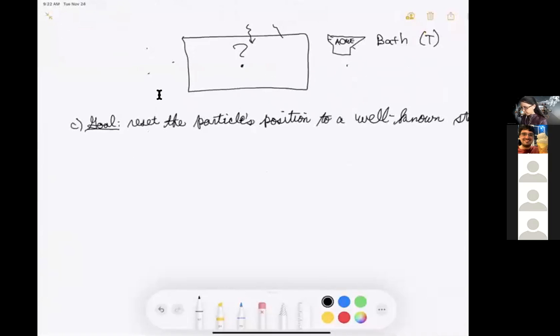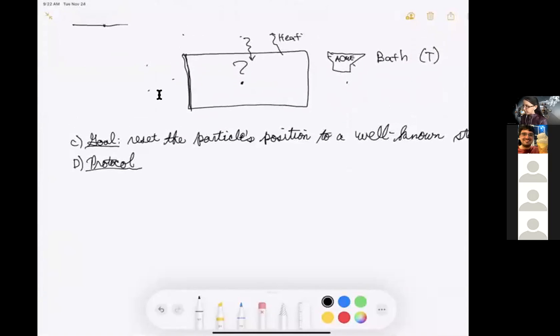We slide a partition into the box near the left-hand side, and then we push the partition into the middle of the box by drawing on our work reservoir, which in the case of gravitational potential energy will be lowered.